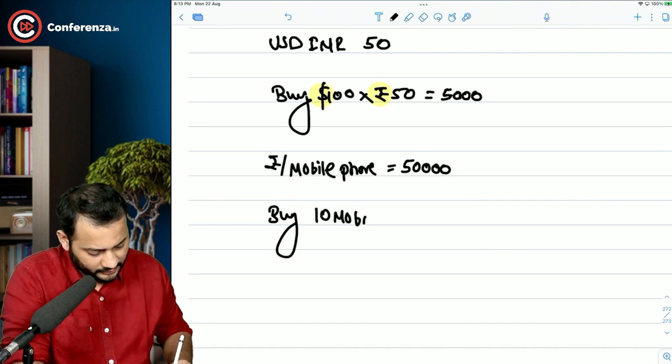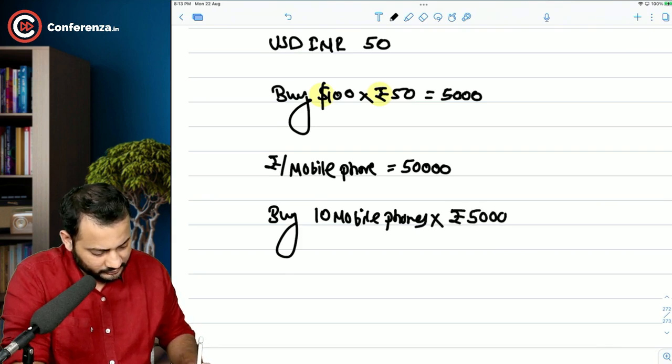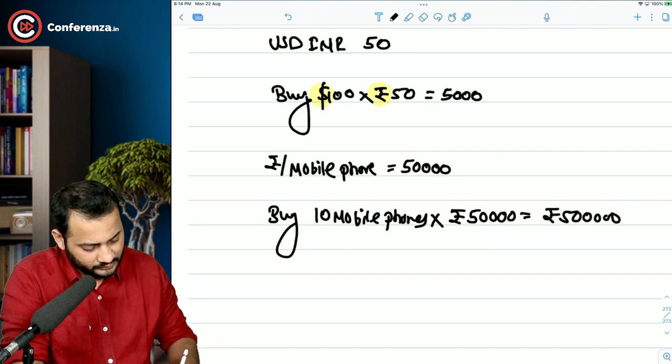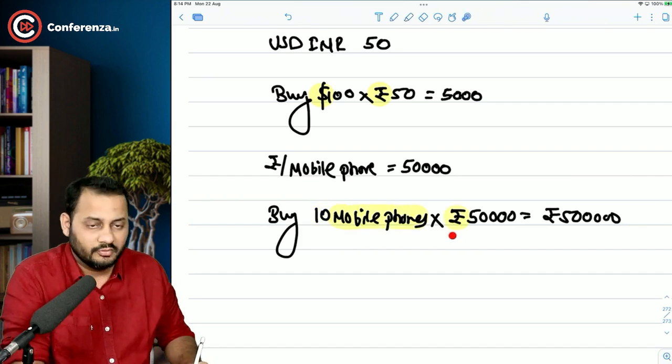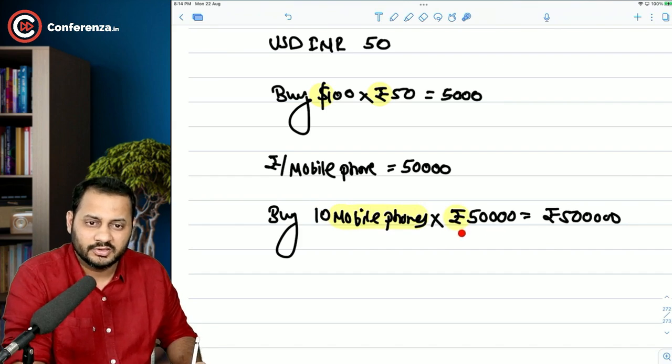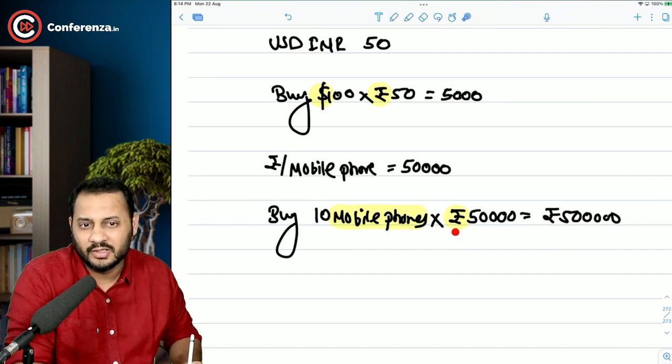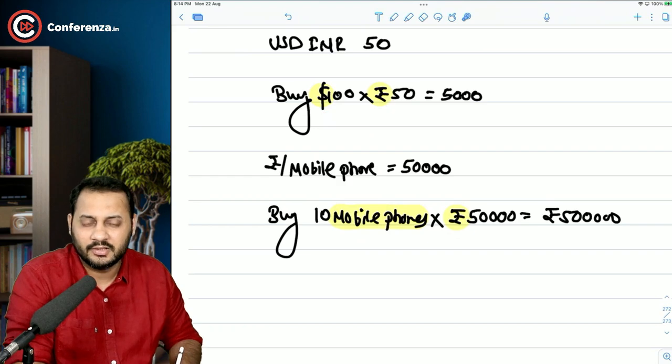What will be the total value? 10 mobile phones into rupees 50,000. So that's 5 lakh rupees. Can you see what we are doing? The opposite values for the numbers, the opposite factors are normally multiplied. Dollar is multiplied with the rupees.